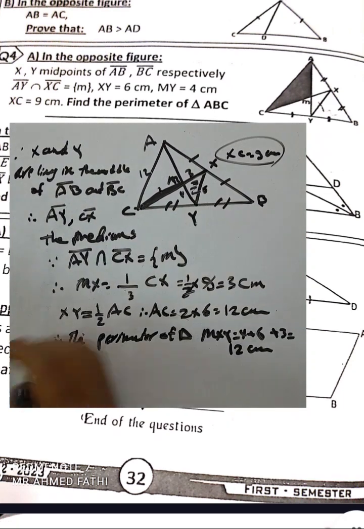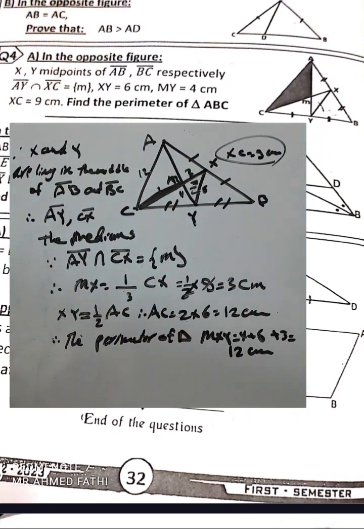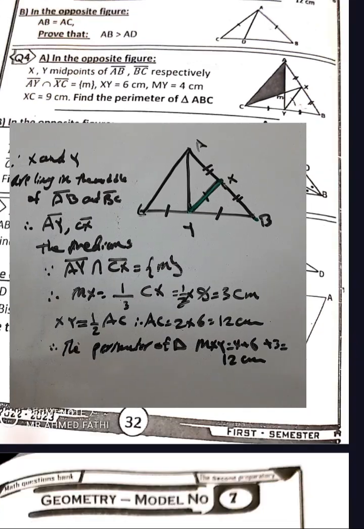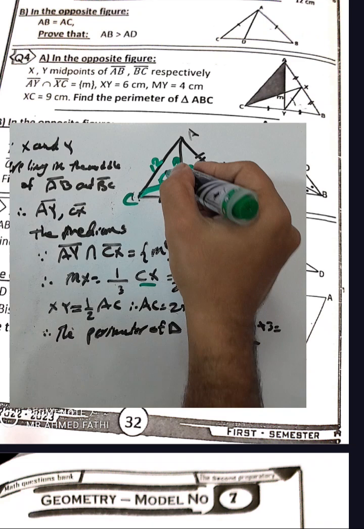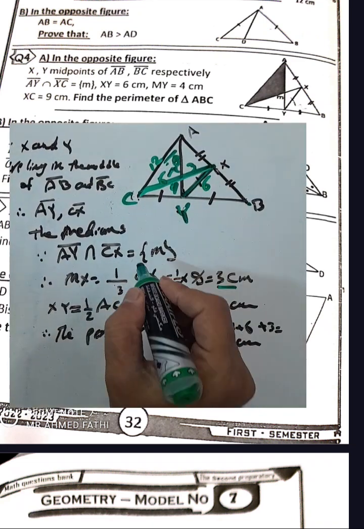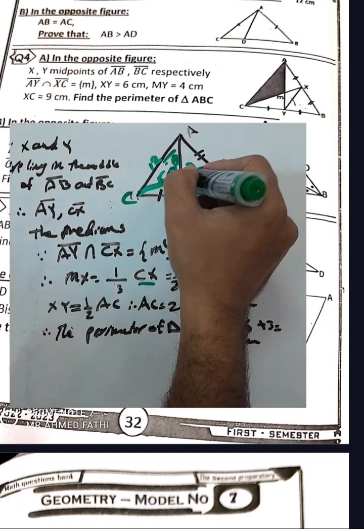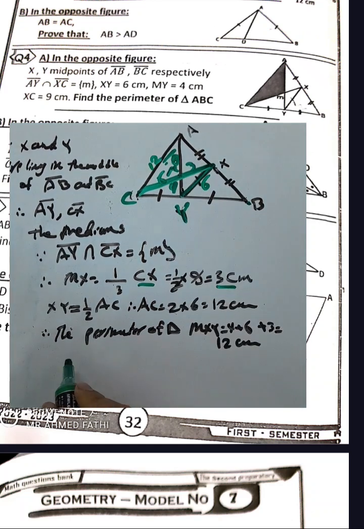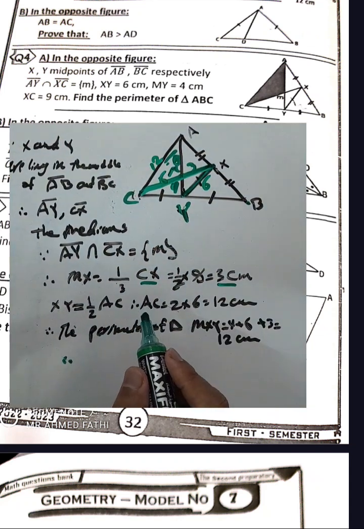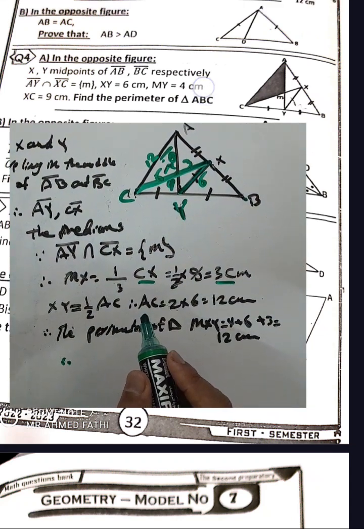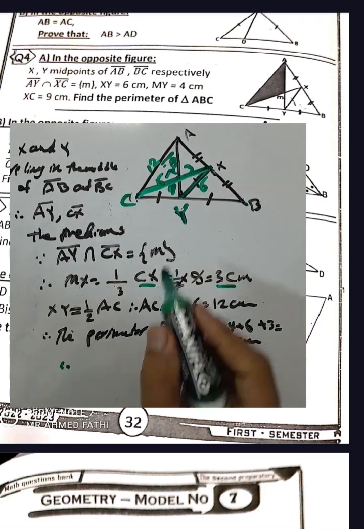It's a line in the middle. The perimeter of this colored triangle AMC. You want to find the perimeter of AMC, okay, this triangle. Then the perimeter of the triangle, okay, you must change this letter and write AMC because he colored this, okay.